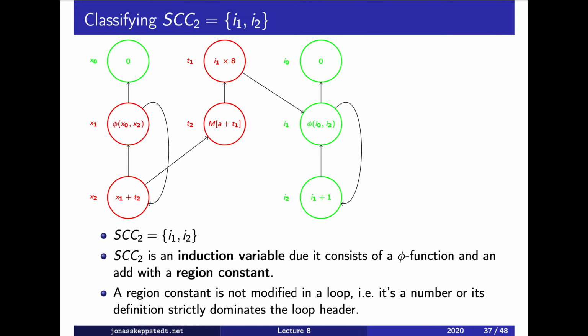Okay, so what we need to do is to find, well, first of all, due to the structure of this strongly connected component, it must be in a loop, and there must be a loop header which we identify, and if we have a variable which is defined in a vertex which strictly dominates the loop header and therefore everything in the loop, then that's a region constant.